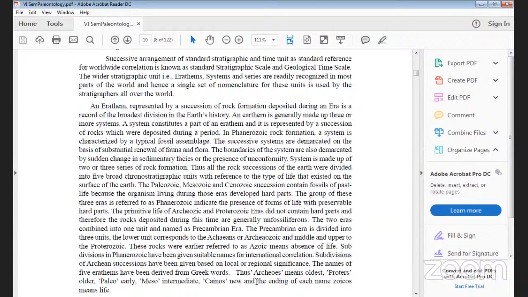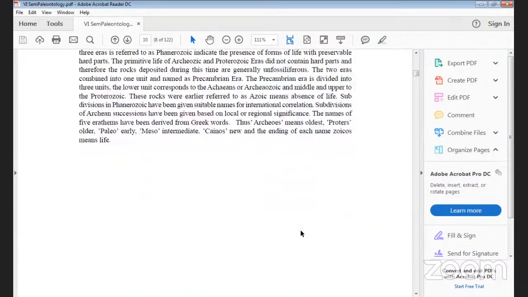A system constitutes a part of an erathem, and it is represented by a succession of rocks which were deposited during a period. In a Phanerozoic rock formation, a system is characterized by typical fossil assemblages. It means different ages or different areas have different formations.